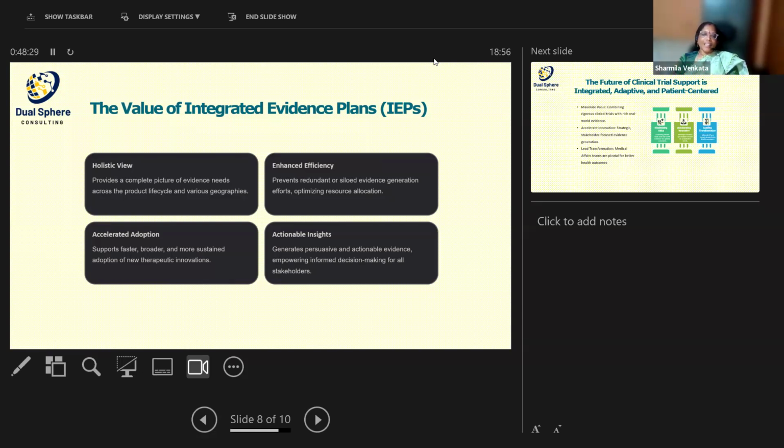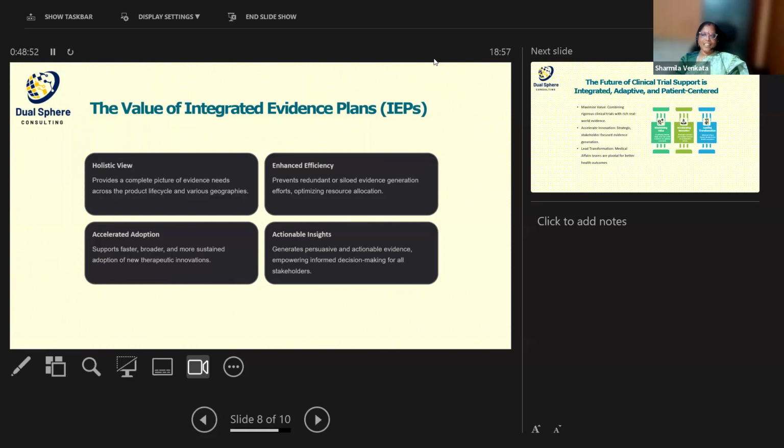Within an IEP, meaning integrated evidence plan, everything is aligned from the start. We have a single unified roadmap. The first benefit is a holistic view of all evidence needs.